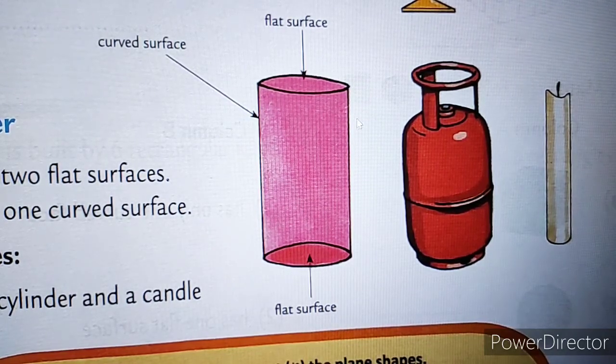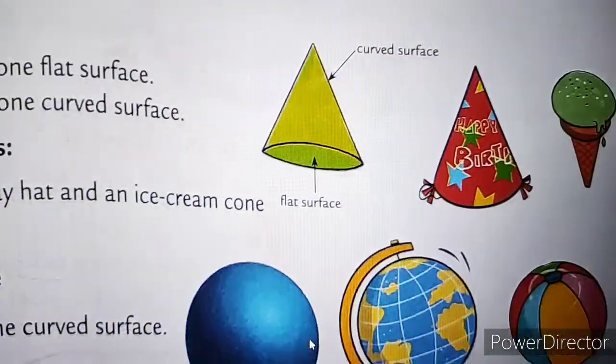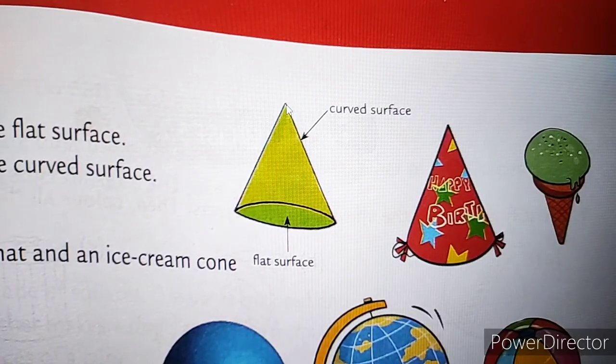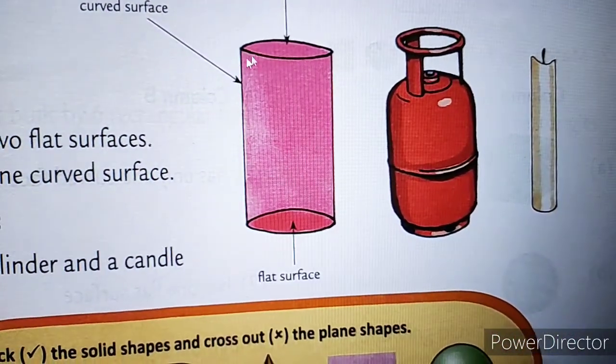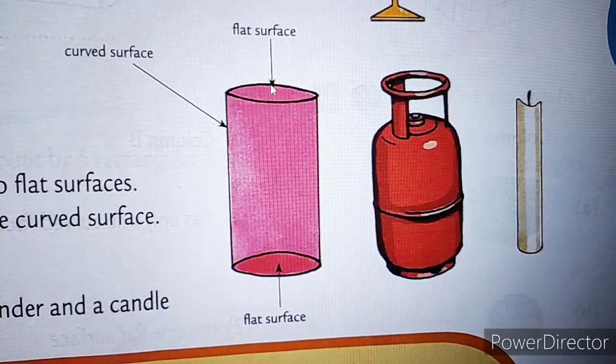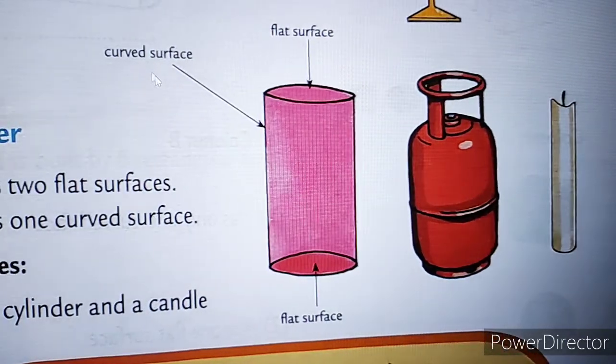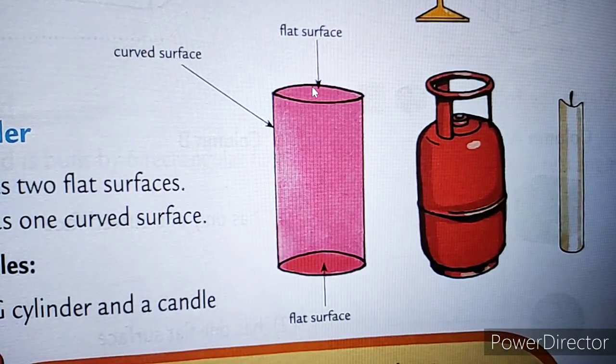And these two circles are joined by a curved surface. Like a cone, you have seen a cone has one meeting point. But this curved surface does not meet anywhere. This curved surface is joined by two circles. So this shape is a cylinder. So a cylinder has one curved surface and two flat surfaces.